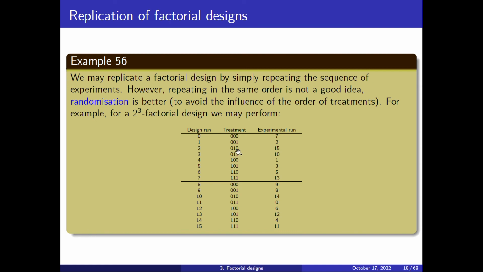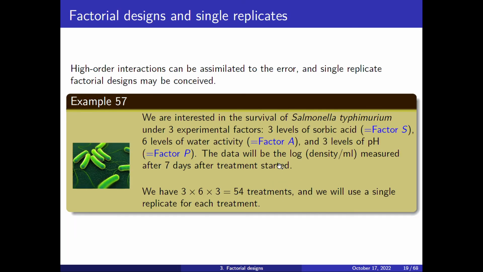So let's say that you have all these treatments 0, 0, 0, 0, 0, 1, 0, 1, 0, and so on. You plan to replicate it, but then within each one of these replications you have to randomize.